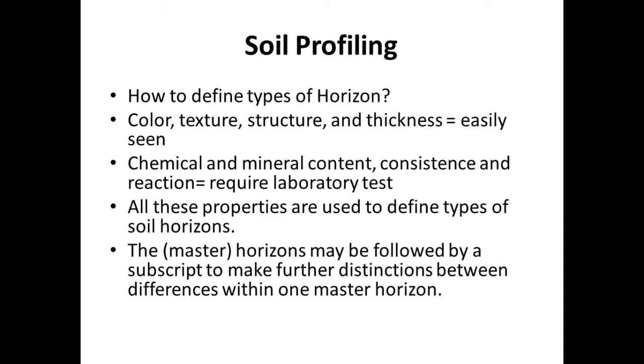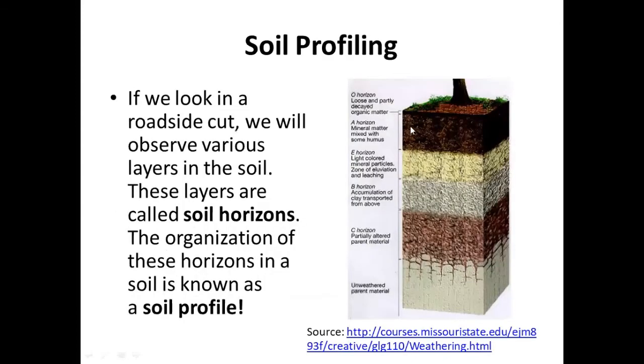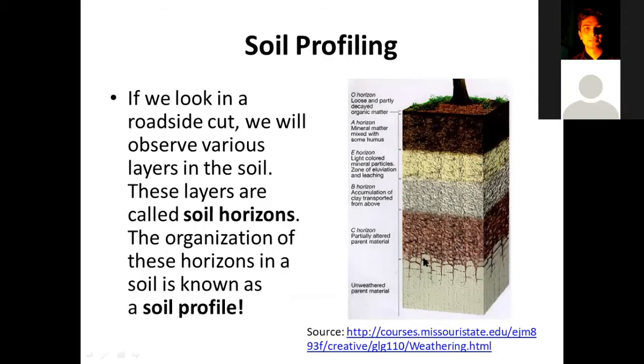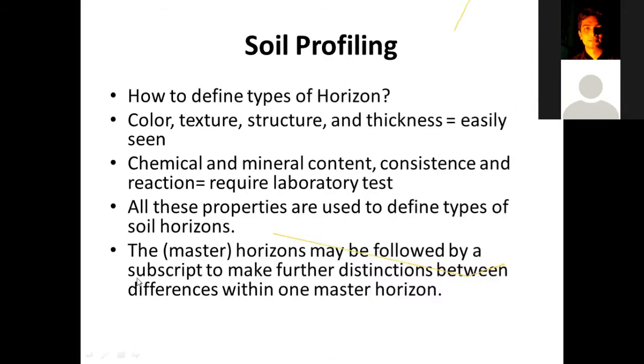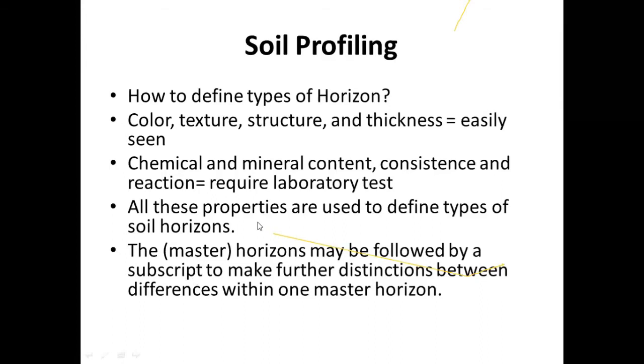For the master horizons, if there are different characteristics within, for example, this A horizon, what will we do then? We will use A and then a subscript, like A X or A B, something like that.